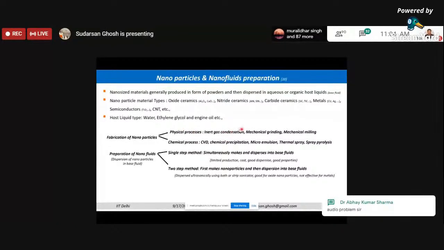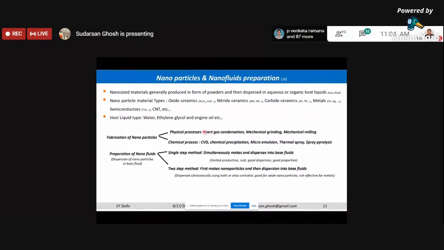The material to be made into nanoparticles is initially in its vapor form, and then the vapor is condensed, forming very tiny particles at the nano level.